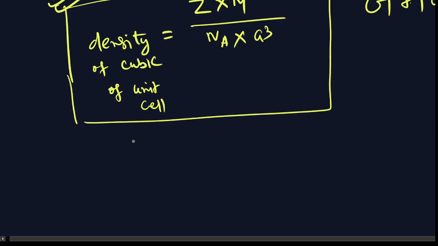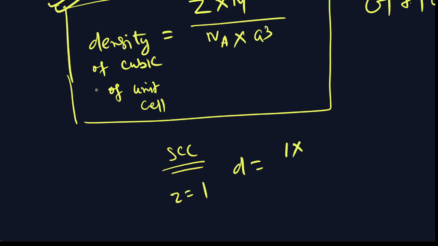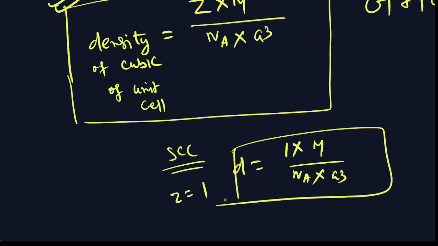So now for the SCC case, what is the density? For SCC, Z is equal to 1, and the molar mass, whatever is given for the cubic unit cell, we put here. Na is always 6.022 into 10 to the power 23, and a cubed is the volume of the unit cell given. Then we get the density for SCC.